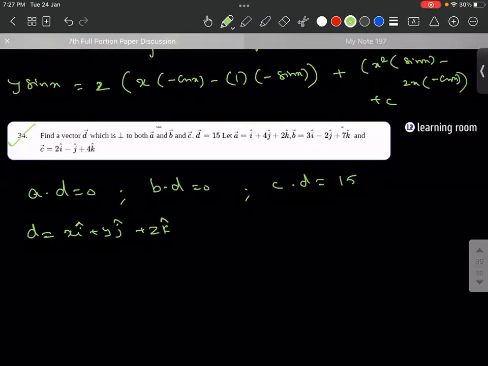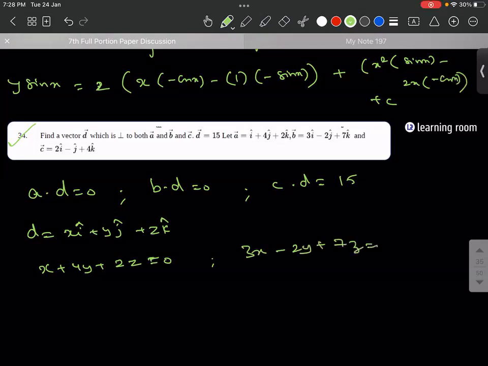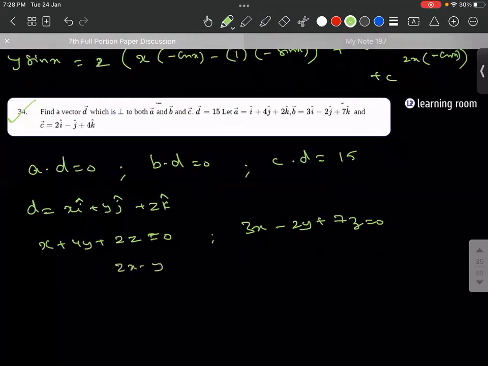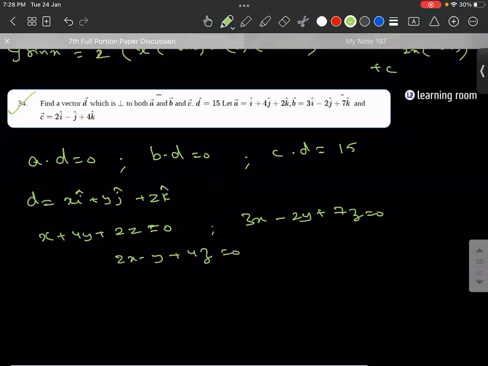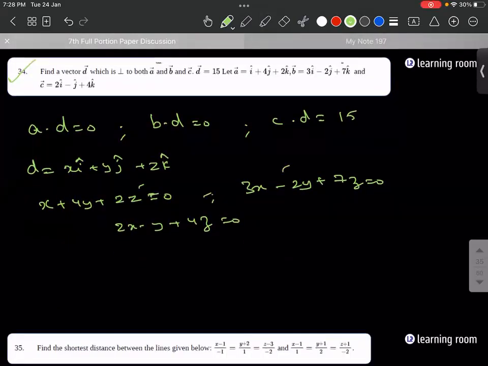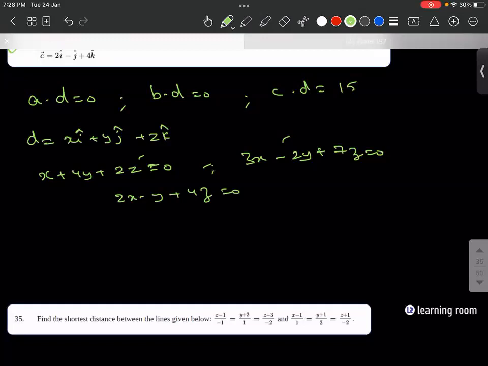A dot d is 0 means x plus 4y plus 2z is equal to 0. B dot d is 0 means 3x minus 2y plus 7z is 0. C dot d means 2x minus y plus 4z is equal to 0. So when you solve these three linear equations, you should get the answer.